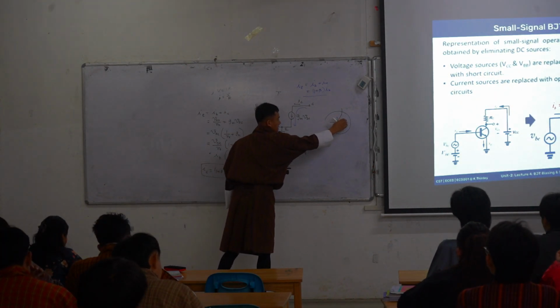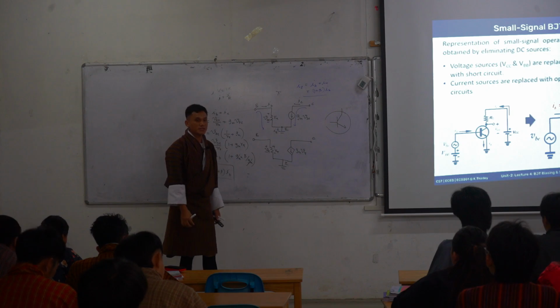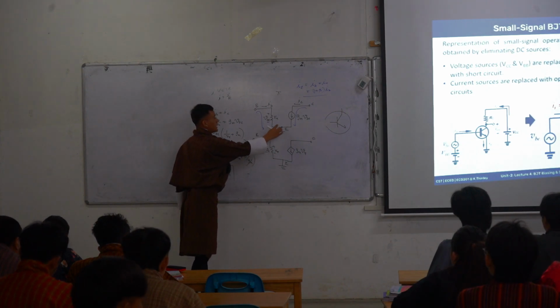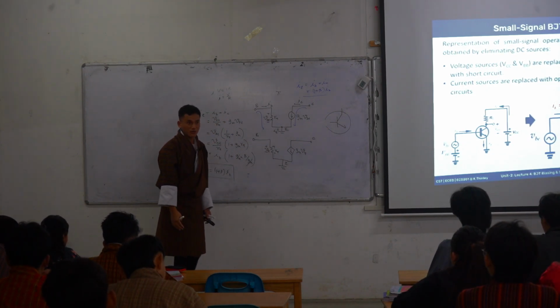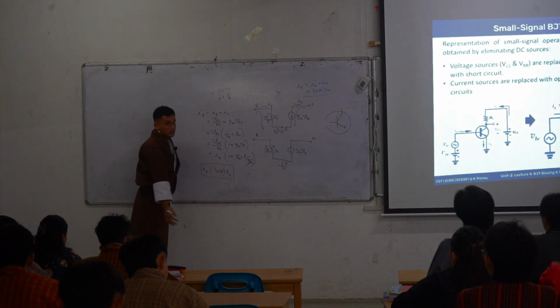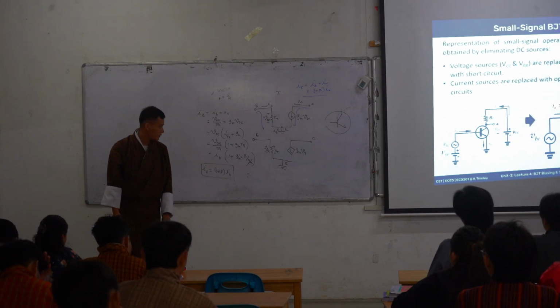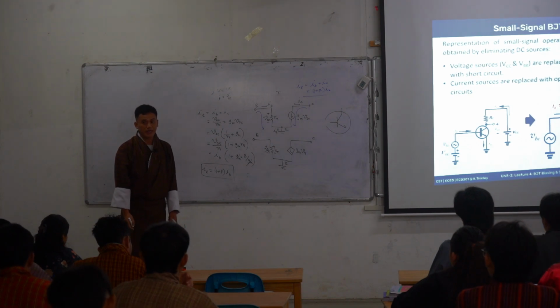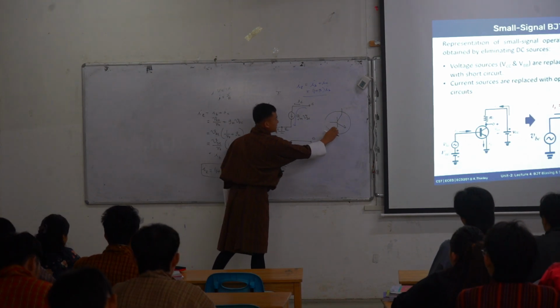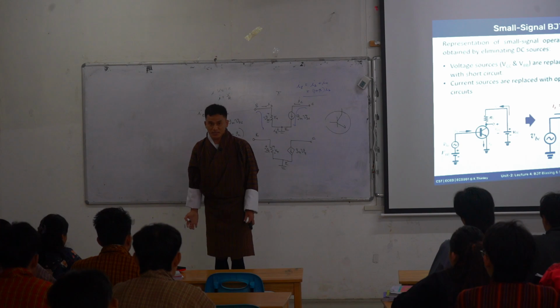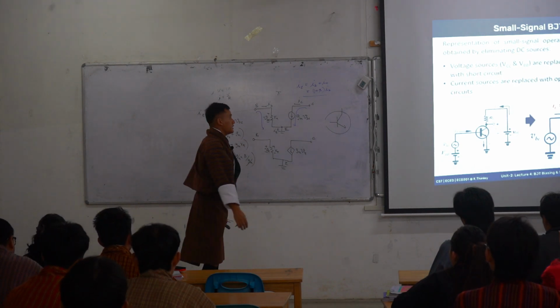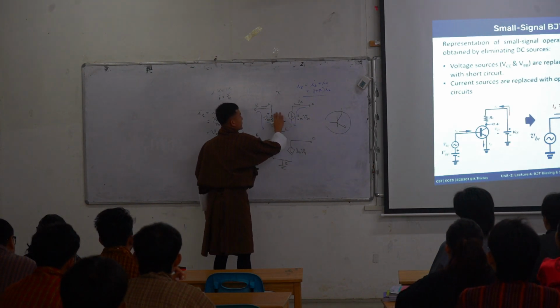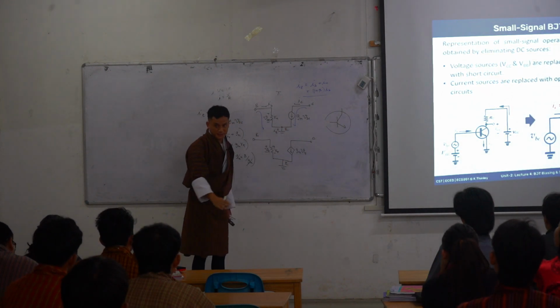Now we can say that this symbol, which is equivalently represented over here, they are the same, right? We are still getting IE is equal to 1 plus beta times IB. Now instead of writing this all the time during the AC analysis part, we can represent it with this circuit, right?